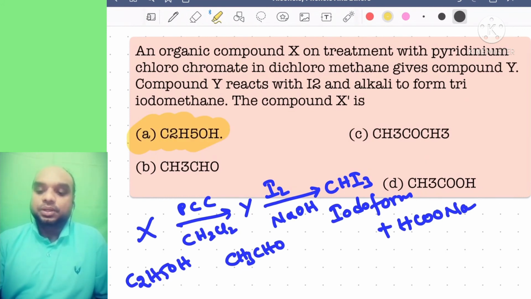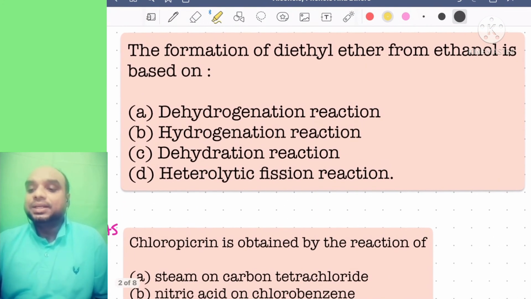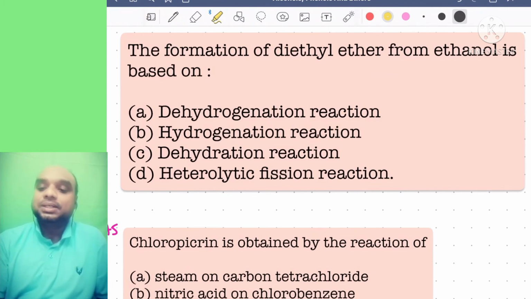Okay, next question. The formation of diethyl ether from ethanol is based on what? Diethyl ether is forming from ethyl alcohol.